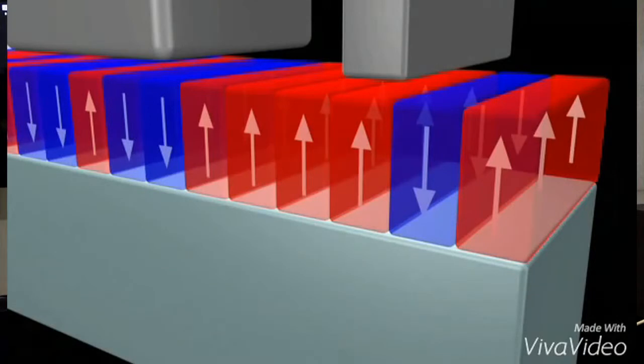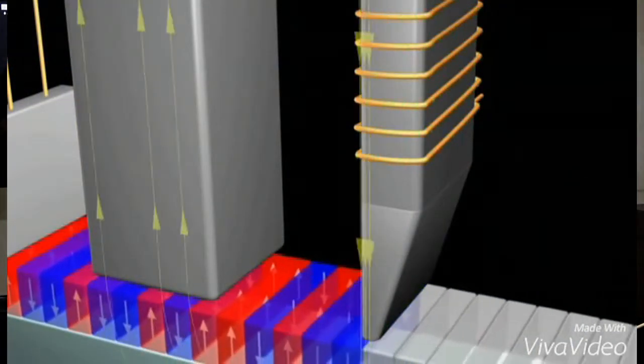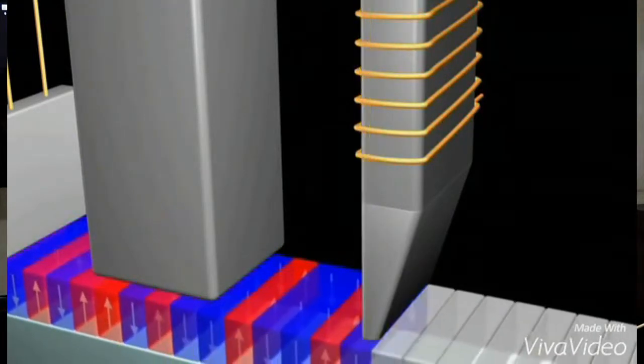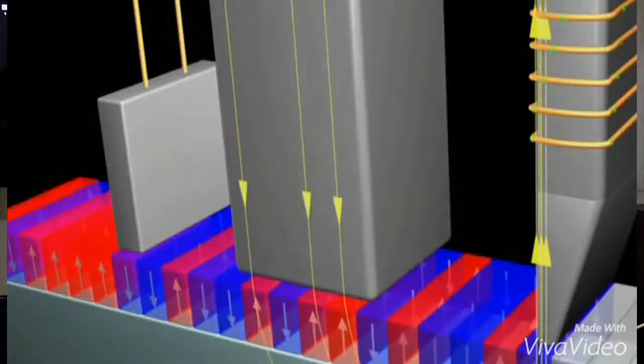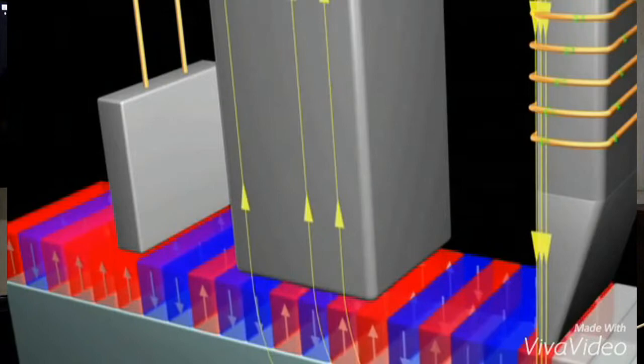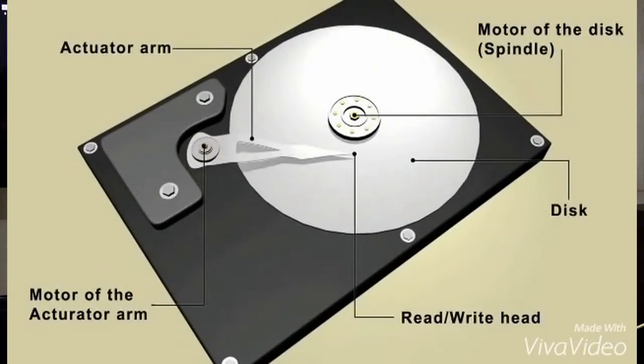It can magnetize a bit into a bit, as it passes by, as north-facing up or north-facing down, simply by changing the direction of the current in the coil. As you may remember from the earlier sections, reversing the direction of current in an electromagnet results in reversing the direction of the magnetic field.